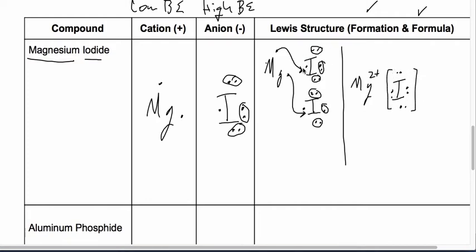And each I just took 1 arrow, but there are 2 of them. And this right here is the formula, the Lewis structure for the ionic compound.